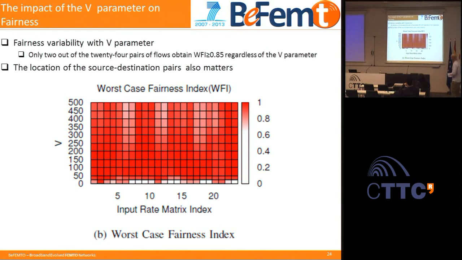One is the V parameter, and the other is the input rate matrix that you inject, which depends on the location of the source destination pairs. So you can have variations with your V parameter, and variations with the input rate matrix index. With a very simple example, we can understand how this is happening.